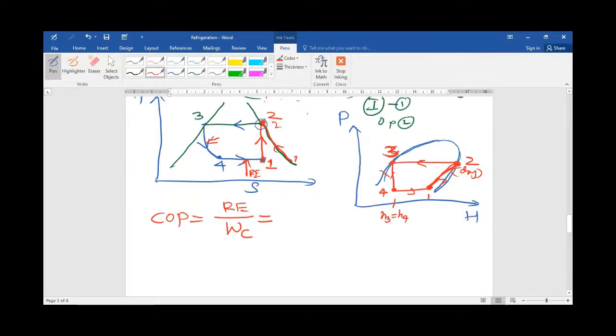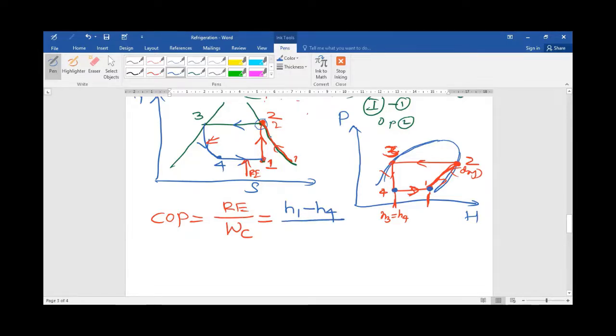On the pH diagram, it is point number 1 and point number 4. The refrigerating effect is the difference in enthalpy at the first point minus enthalpy at the fourth point: H1 minus H4, divided by work done on the compressor.